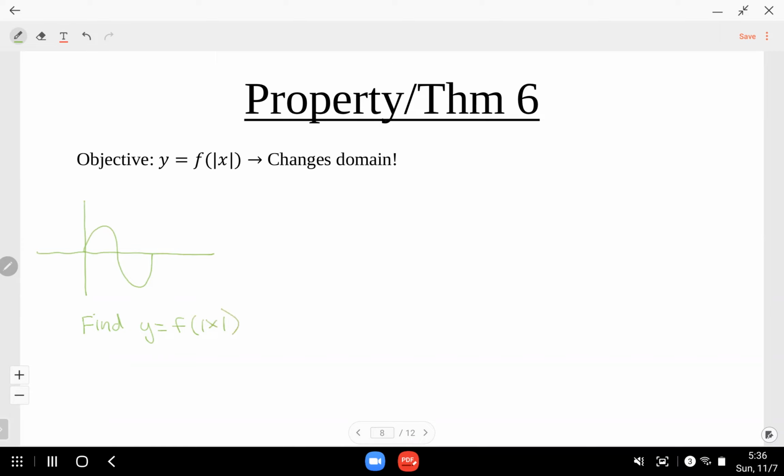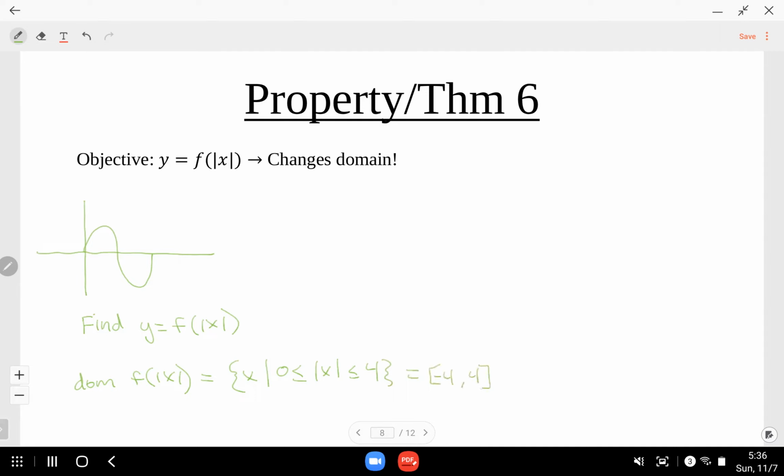So if we were to find that, we first need to find the domain, and the domain of f of absolute value of x is going to be this. We've learned absolute value inequalities before, so that's going to be equal to -4 to 4.